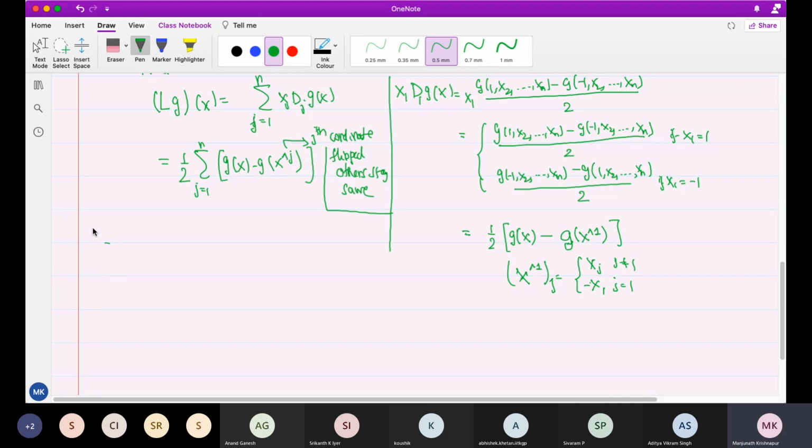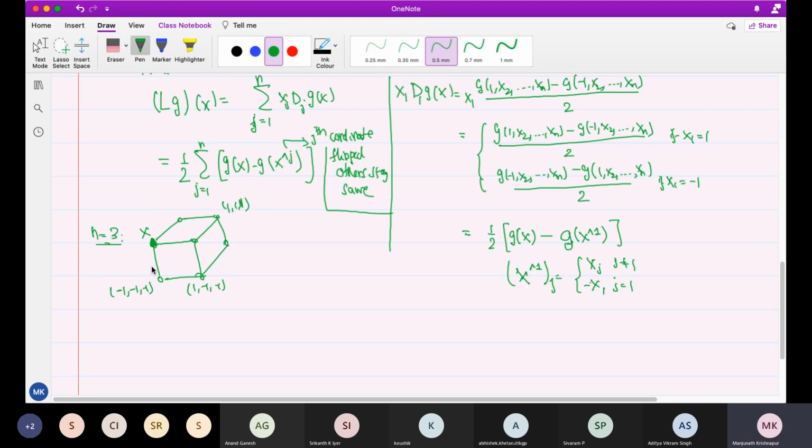So let's write it in the case n equal to 3. When n equal to 3, you can indicate the Z2 to the n as points of the cube. This is -1, -1, -1. Maybe this is 1, -1, -1, etc. And here is 1, 1, 1. So what Lg of x is doing is, suppose this is x. What is Lg of x? It is saying that you take g of x minus all the neighbors.